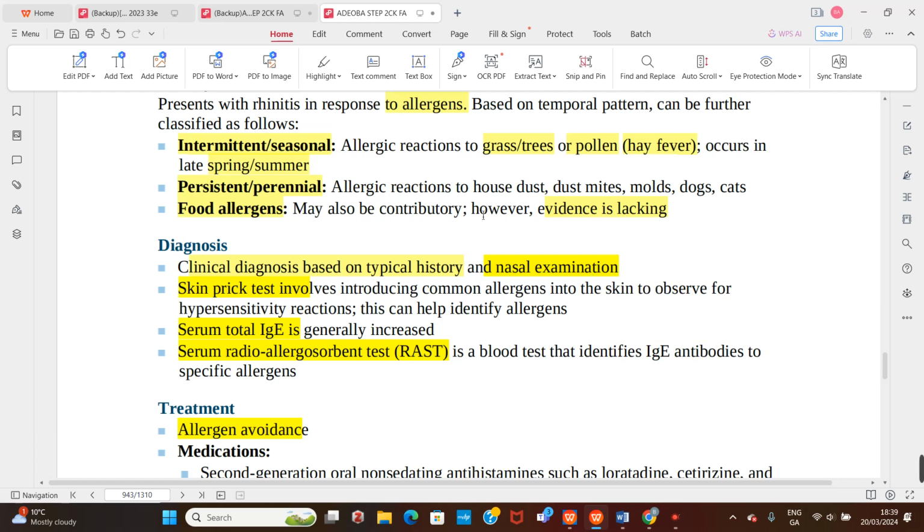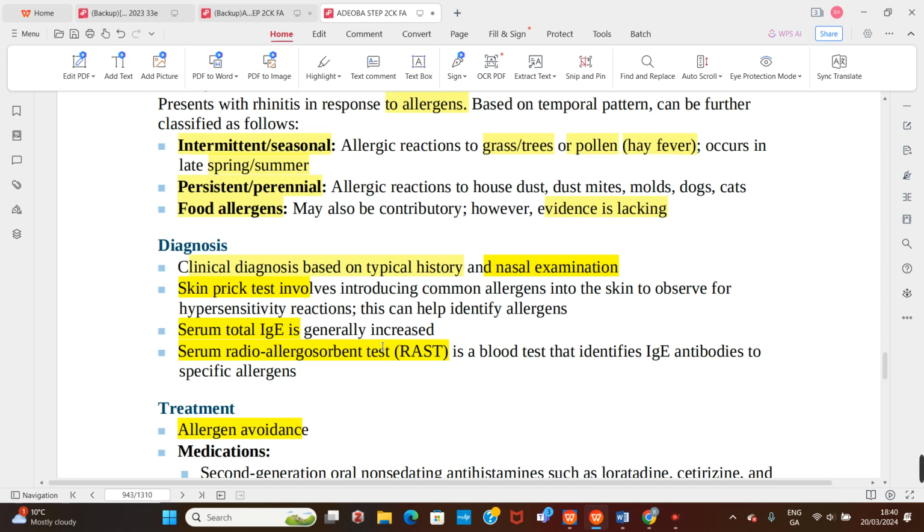After that, the next thing is identification of the allergen. So we do a skin prick test. They have a test kit that contains the common allergens, and they introduce it into the skin. The problem is with the nose, but remember, the IgE and the mast cells, everything that is triggering this problem, are circulating within the blood.